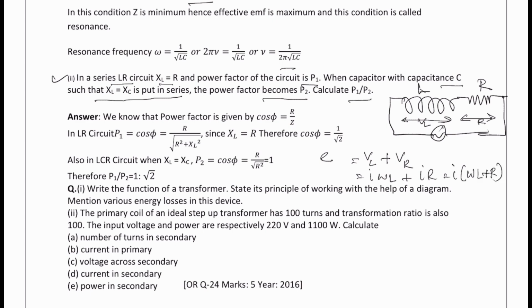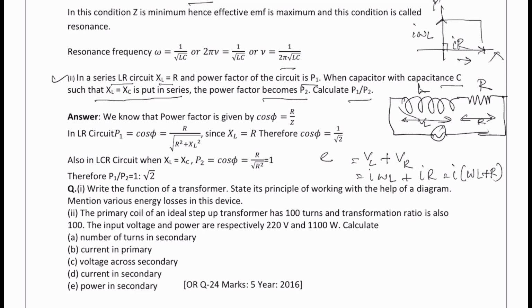But since in an inductance the potential difference leads the current, if this is the direction of current, then the potential drop across the resistance will be IR along the x-axis, but the potential drop across the inductance is along the y-axis, that is I into omega L, and they are at 90 degrees. In the last question also I explained that the EMF across an inductance leads the current by 90 degrees, which is why it is represented along the y-axis.